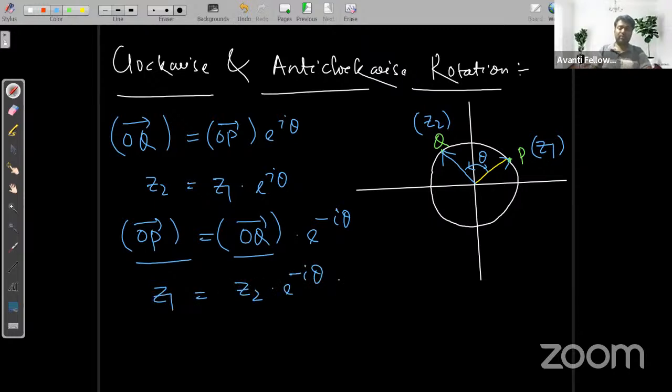So this is all about clockwise and anti-clockwise rotation. Is that clear to everyone, guys? Yes or no? Clear, everyone? So this is all about the rotation theorem.